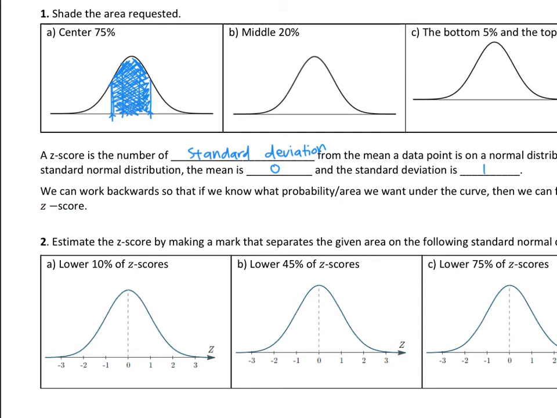So let's look at number 2, part A. It says lower 10%, so I know it's like here. These are the lower side, this is the upper side, this is the center in the middle, right? So lower 10% means I'm going to shade something here so it captures 10%.